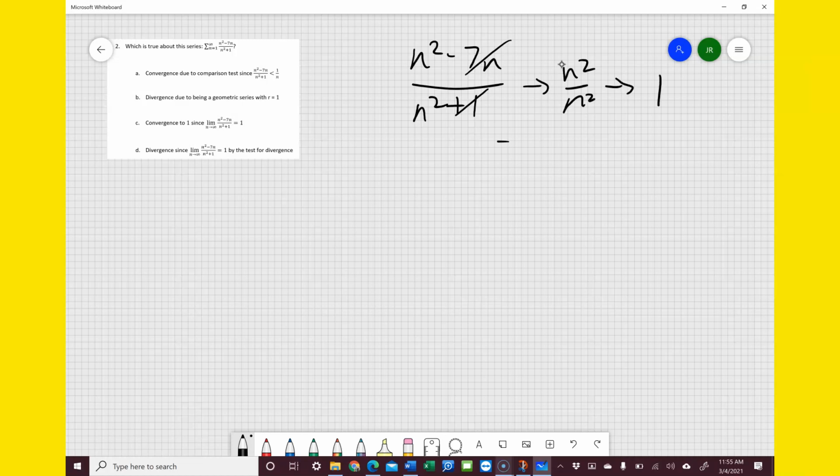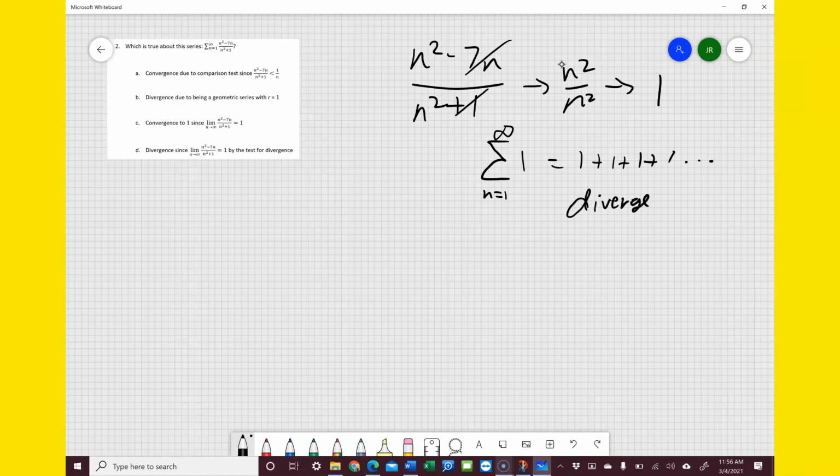So you've got this whole series from n equaling 1 to infinity of just 1, which means it's going to be 1 plus 1 plus 1 plus 1 for infinity. So you know that's going to diverge.